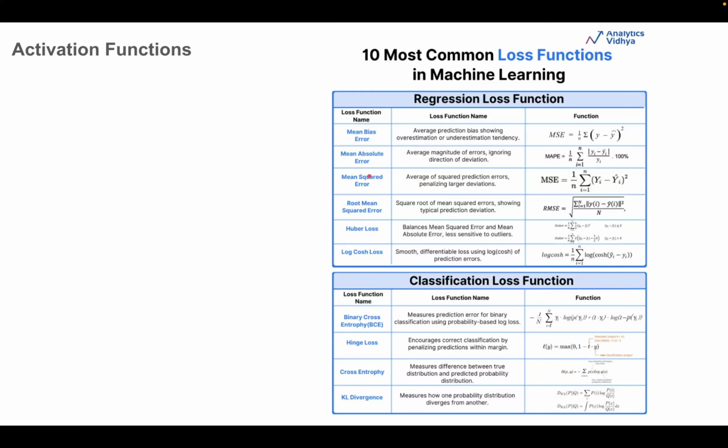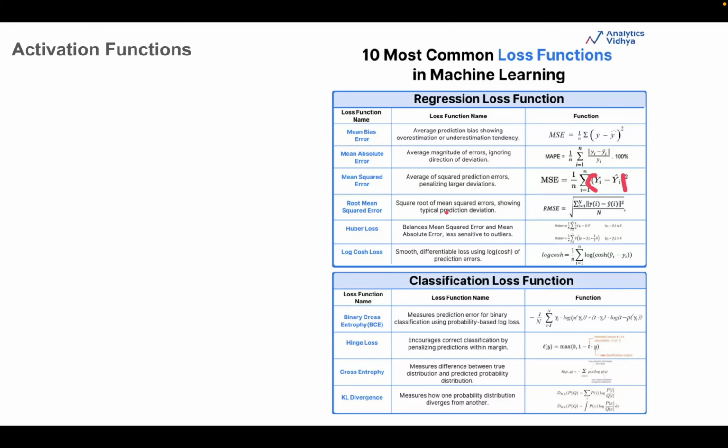There's mean absolute error, there's mean squared error, right? Mean squared error takes your y minus your y hat and then squares it, divided by 2. There's root mean square, there's Huber loss.